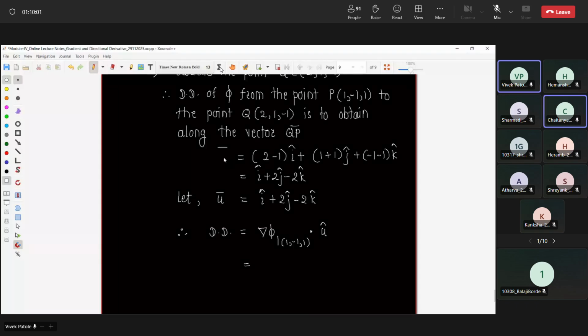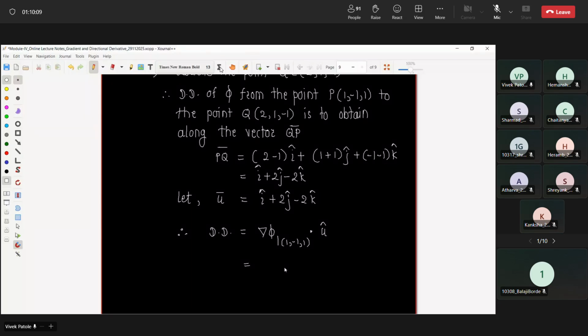Then PQ bar is this. Okay, you do the further calculation. Pi by 3.